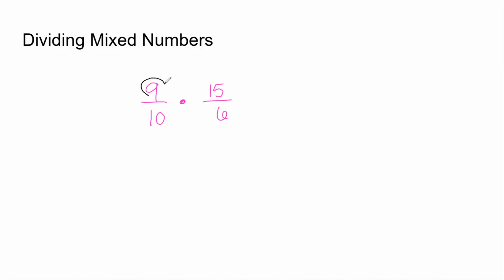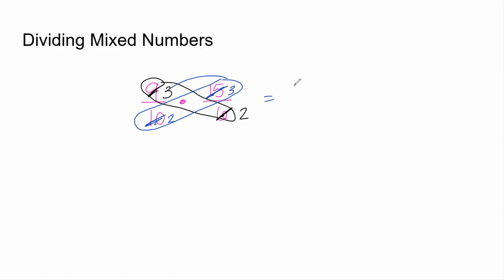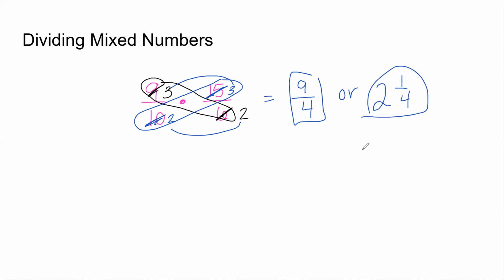Look crossways. 9 and 6, you can divide by 3. 9 divide 3 is 3. 6 divide 3 is 2. And now let's look other crossway. 15 and 10. You can divide by 5. 15 divide 5 is 3. 10 divide 5 is 2. Right across the top, 3 times 3 is 9. 2 times 2 is 4. Answer, if you leave it, is improper, or 2 1/4 if you have to convert it back.